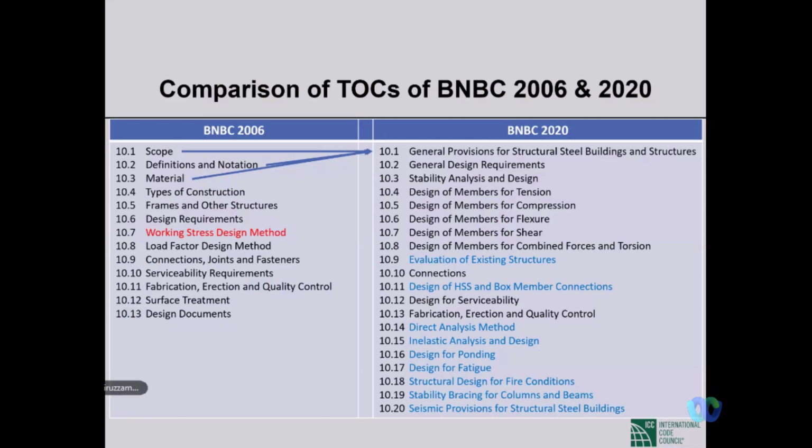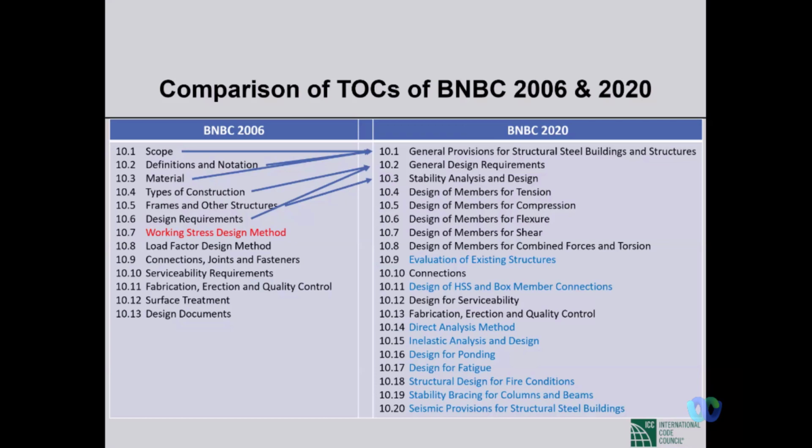Types of construction is also included in the second section of BNBC 2020. Frames and other structures, these issues are mentioned in the third section. Design requirements are now included in the second section, general design requirements.